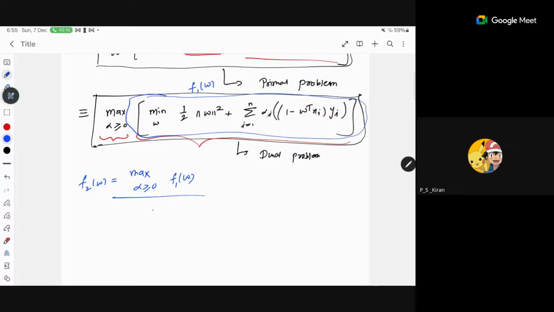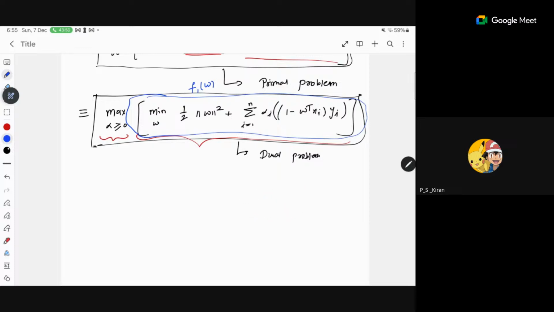We want to maximize this function, and I will pick only that alpha which gives me the maximum value. So I will have a choice of different alphas, maybe alpha 1, alpha 2, alpha 3, all of them in Rn. I'll be picking the one which gives me the maximum. Suppose alpha 2 gives me the maximum, then the answer to this maximization problem is alpha 2.